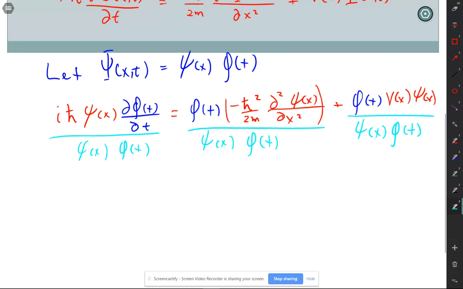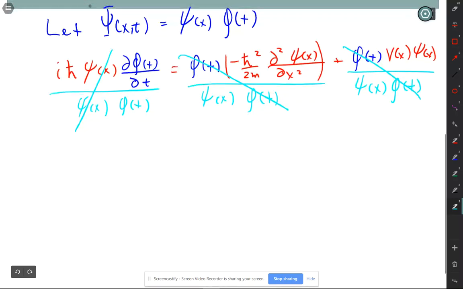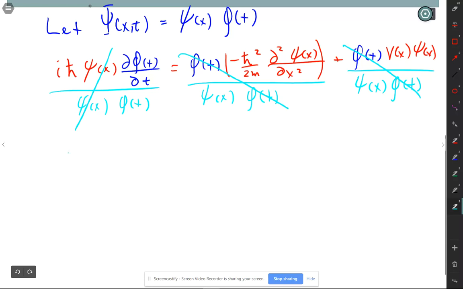And so in this case, I now can write this as, going back to my color coding, one more thing.